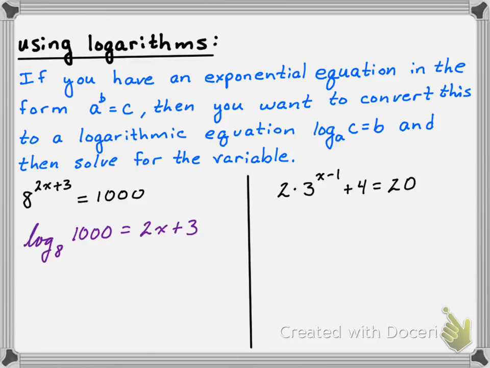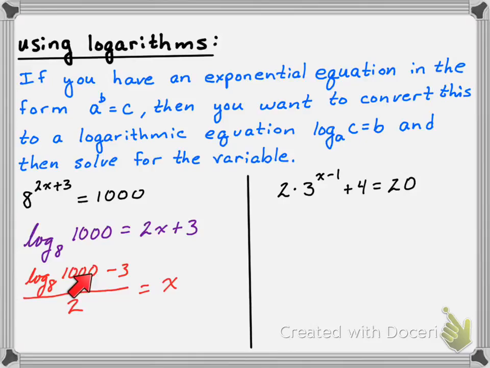All right, so what that's going to give us then is log base 8 of 1,000, and then minus 3 from that, and then divide the whole thing by 2. That's going to give us x here. Now, this right here can actually be written a couple ways. One way is to put the minus 3 right here, but you cannot subtract this 3 from the 1,000.